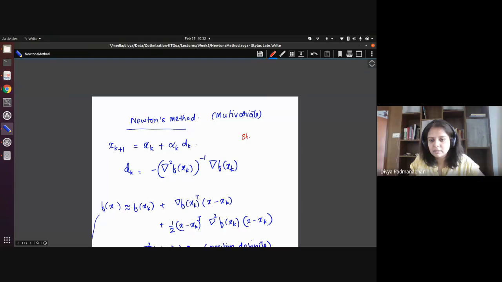In steepest descent, dk was negative of grad fk. We saw a particular example of quadratic functions, and we saw how to set the best alpha in that case. We got a closed form expression there. We also discussed some things about the rates of convergence.